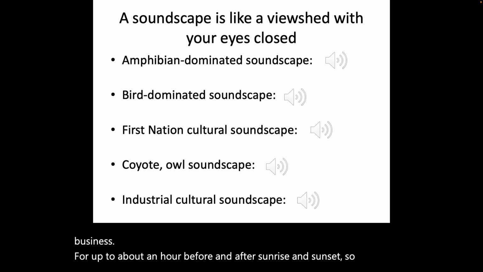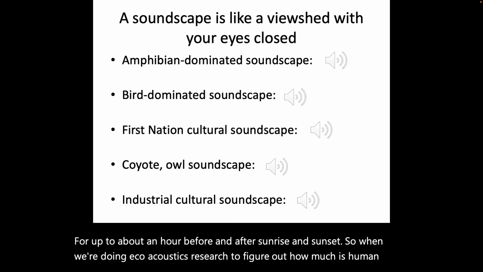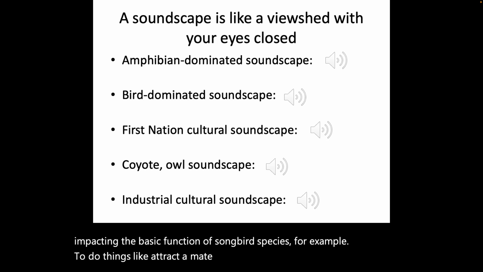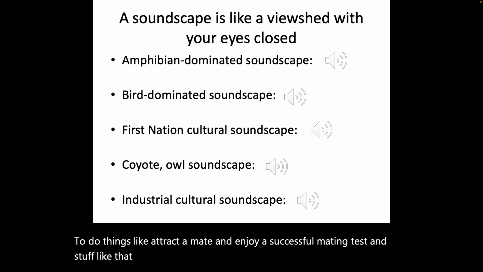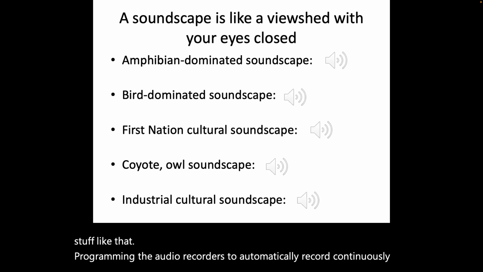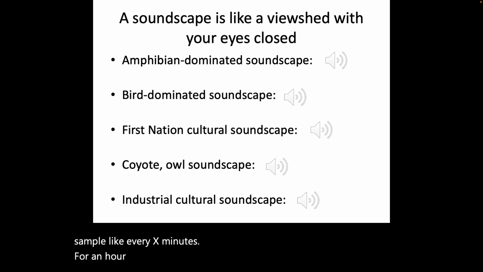So when we're doing ecoacoustics research to figure out how much human noise is impacting the basic function of songbird species, for example, to do things like attract a mate and enjoy a successful mating test and stuff like that, we're generally programming the audio recorders to automatically record continuously or sample every X minutes for an hour before and after sunrise and sunset.